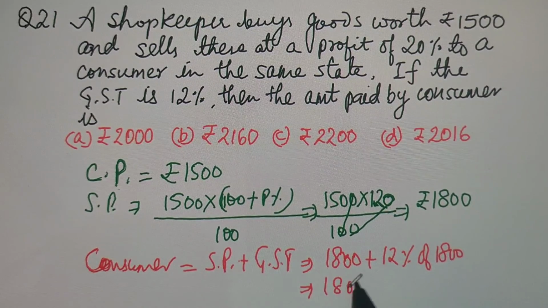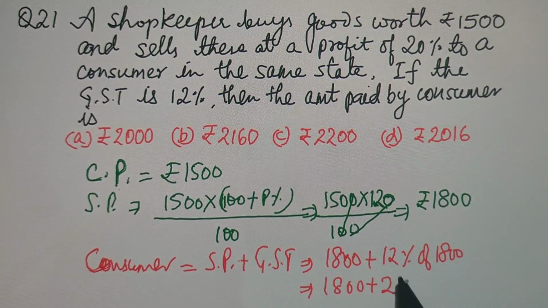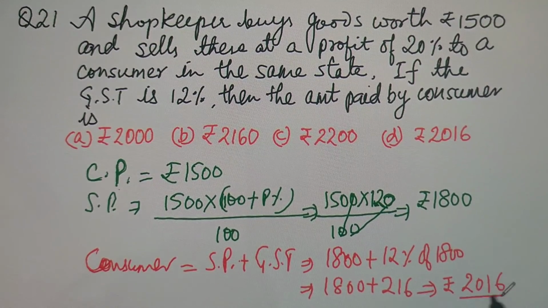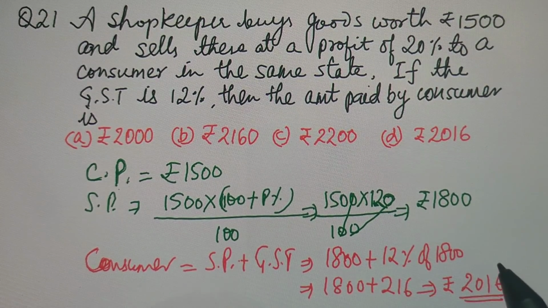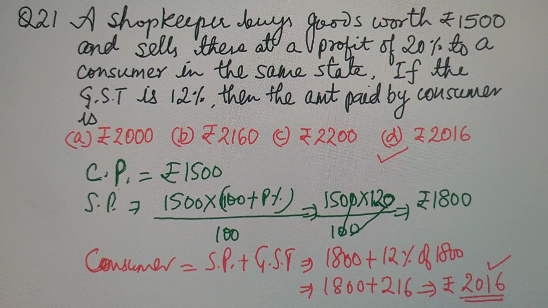So what do I get? 12% of 1800, I get it as 216. So if I add this, I get the value as 2016. So this is the amount which the consumer is going to pay. So option D is the right answer.